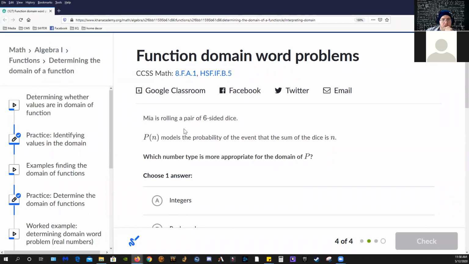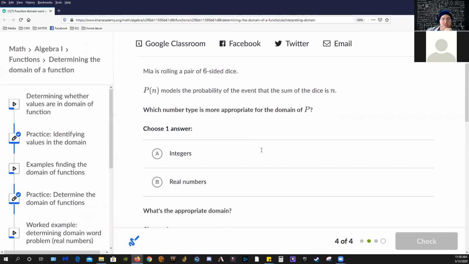Me is rolling a pair of 6-sided dice. Okay, sure. The probability of the sum of dice is n. Which number is more appropriate? Well, this isn't like time, so I'm going to pick integers with respect to this one.